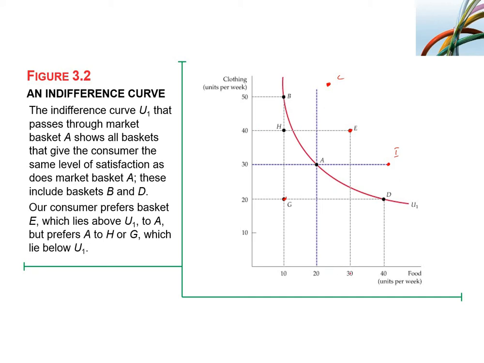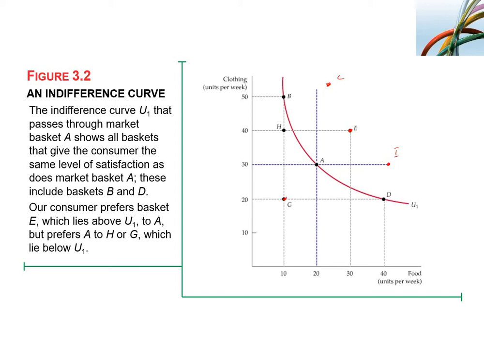So more units of food against market basket C, and fewer units of clothing. And then we have I, in which you are having fewer units, 30, of clothing but more units of food. So again, this is a new category now.